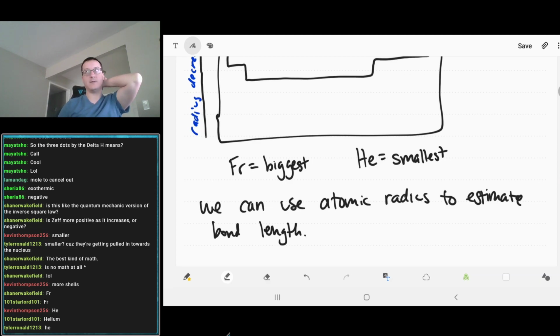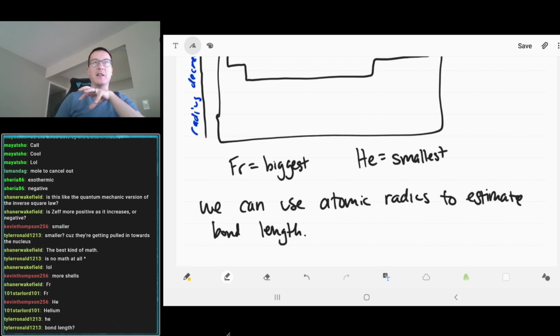One thing that's of interest in chemistry is understanding how far two nuclei are from each other. Of course, that's probably not at all interesting to you, but these things are important, especially for pharmacology. If you want to design a drug that's going to fit in an enzyme or something, bond length is important to understand.